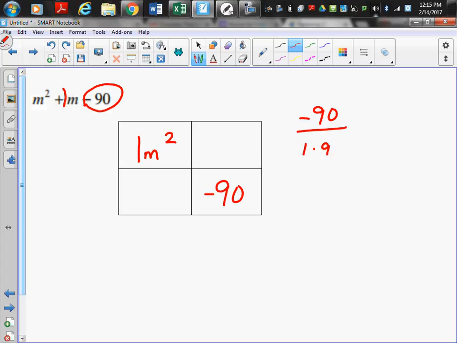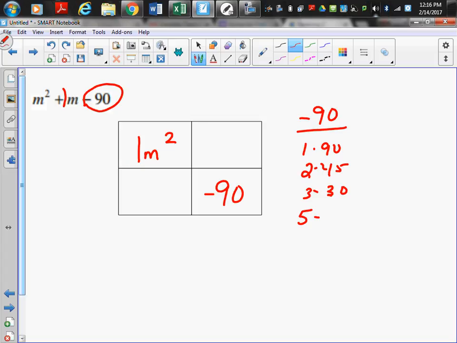1 times 90, 2 times 45, 3 times 30, 4 times, what? 4 doesn't work. 5 times 18?